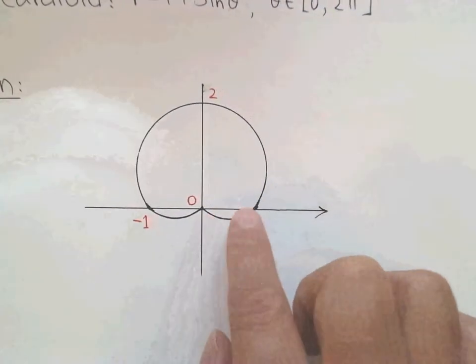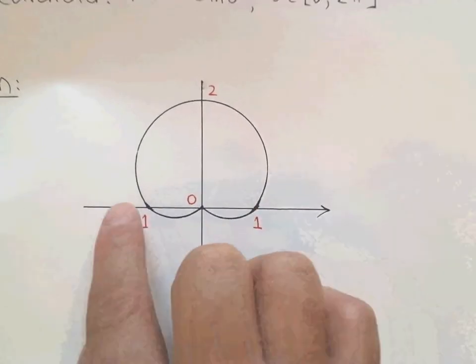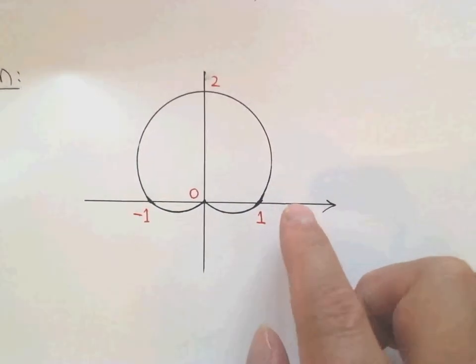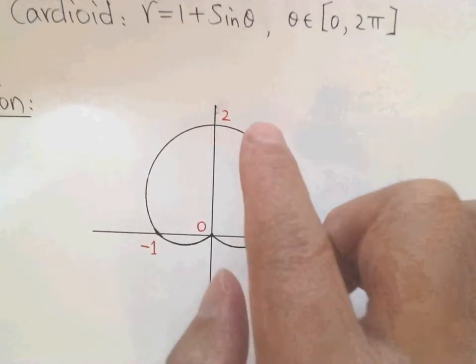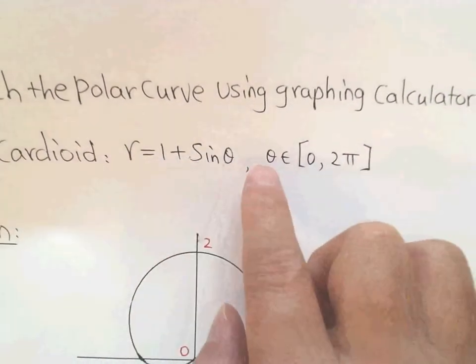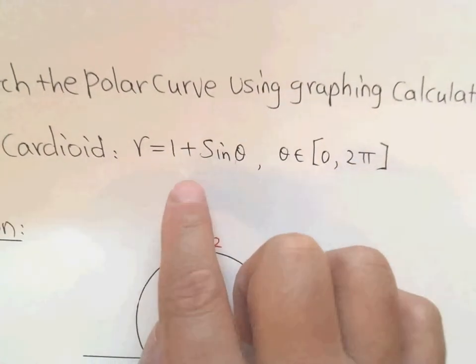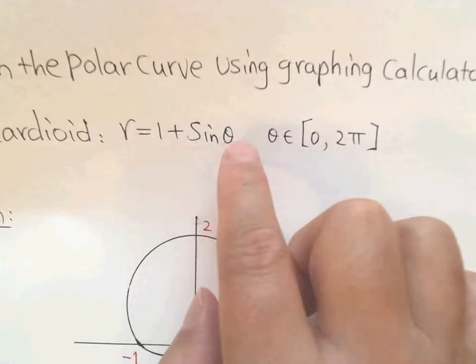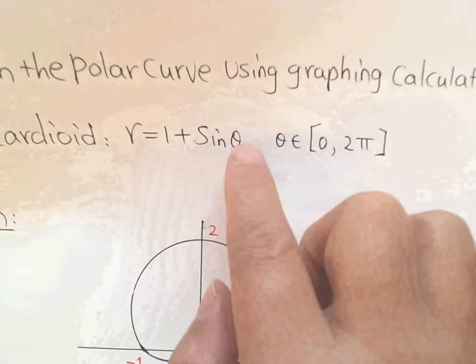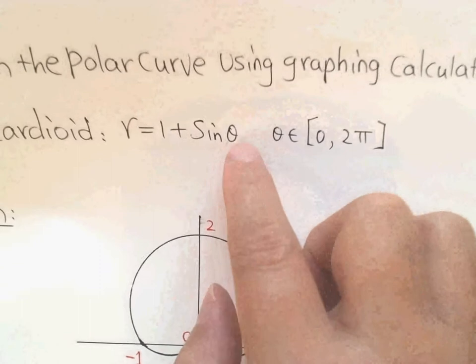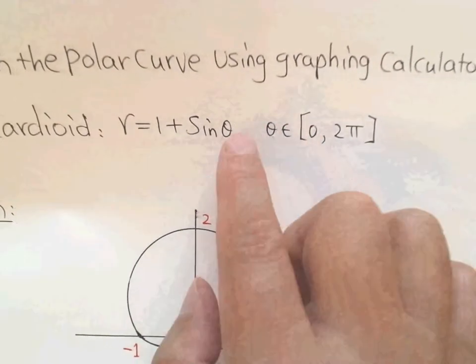Okay, and the x minimum, x maximum, the left limit and the right limit, it depends. This graph I already have. If you don't have the graph, how do you get the x minimum? From here, x is r times cosine theta. You can imagine r is 1 plus sine theta, times cosine theta.